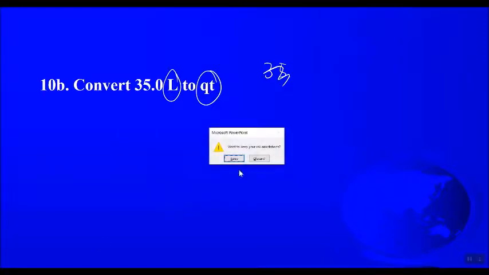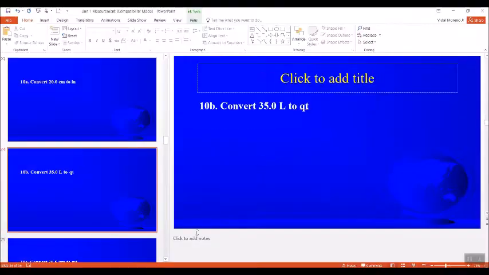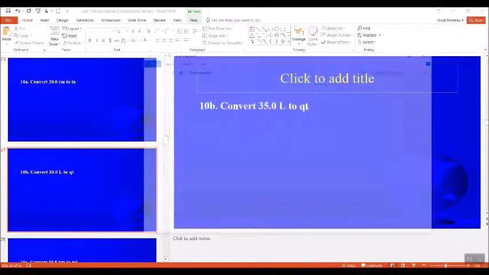35.0 liters. Oh, I'm sorry. What am I doing? Okay, so metric to English, look in the same section, see if you can't find it. Oh, now I'm going to have to do something because this is a COVID lecture, and frankly, I don't remember it.